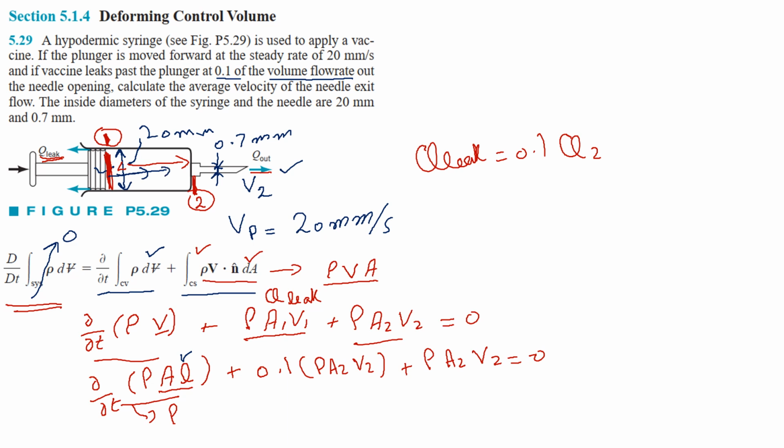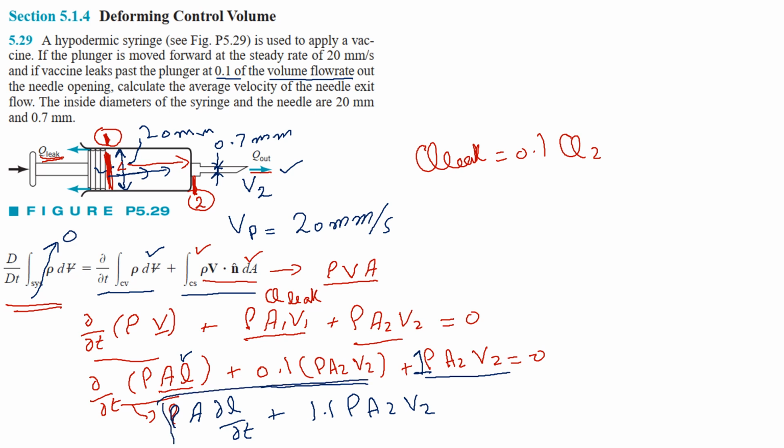So my equation will look like rho A partial L over partial T, and this is my density rho, plus, and now I'm going to add these two terms. One is 0.1 and one has a 1 that you cannot see. Now you can see it. So when I add these two terms, I get 1.1 rho A2 V2. So this is our equation, and this is our equation equal to 0.